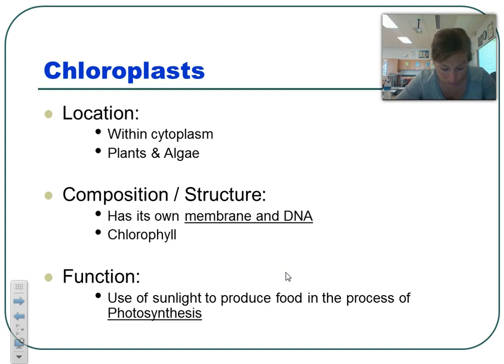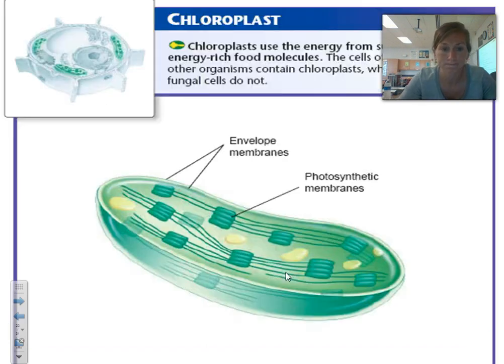You will find the chloroplast identified with, I believe, letter H. And here's a close-up. We will talk in more detail about the inner structure of the chloroplast, but for now, you just need to be able to identify it and know that it's only found in plants.